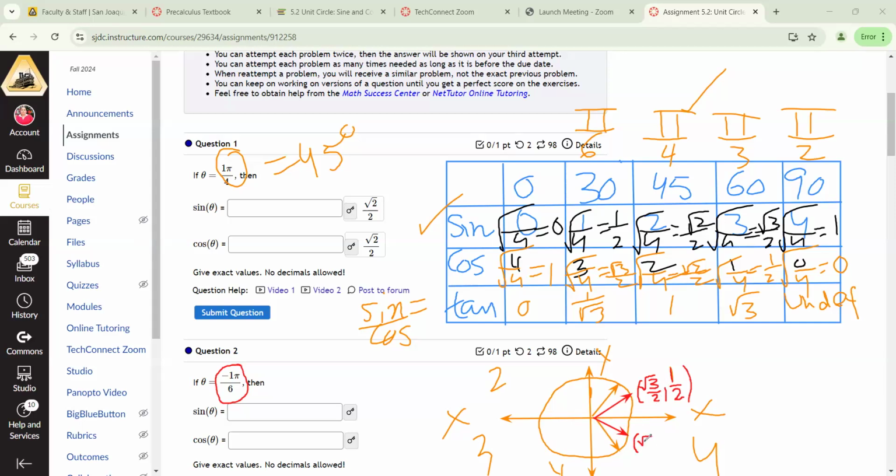So square root 3 over 2 will stay square root 3 over 2, and the 1/2 will become negative 1/2. And in the unit circle, the first value is always the cos value. The second value is always the sine value. So my sine will be negative 1/2 for the negative pi over 6, and my cos will still be square root 3 over 2.